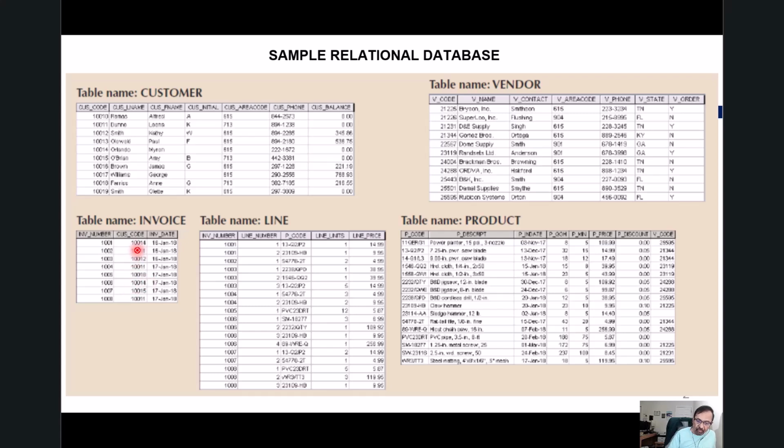Remember this concept of foreign keys. This customer code is a foreign key in invoice, which connects invoice back to customer. So I start from invoice number 1001. I find out the customer code, and I use that customer code to link back to this particular customer 1014. And once I've connected those two rows, I can go across and find out the last name and the first name of the customer.